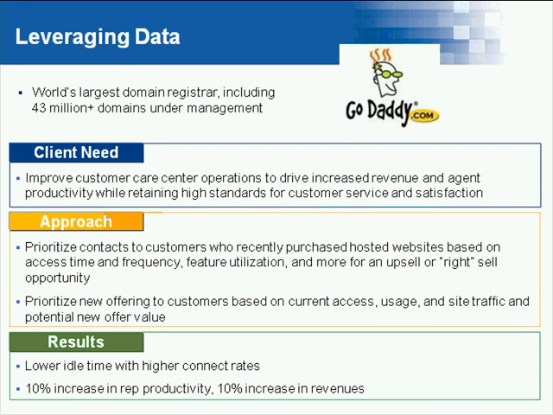Here's a good example. GoDaddy is a customer that provides, I think, a great example of leveraging data to improve their sales and service results. While they're best known as an industry leader in domain registration for websites, GoDaddy is also very effective at using data to drive cross-sell and upsell opportunities for as many business customers.